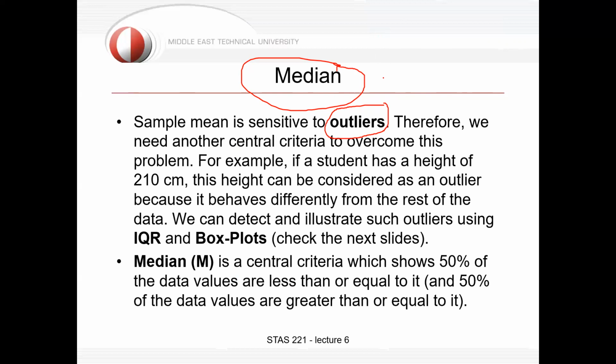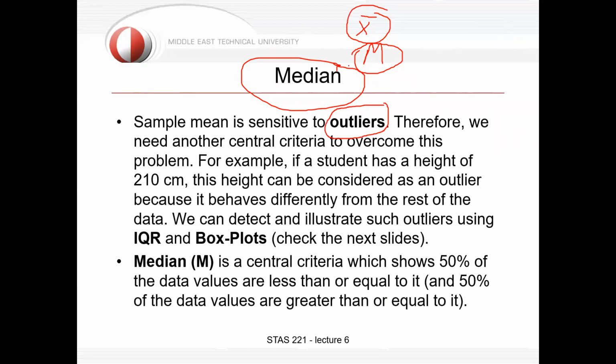For having the best information about your data in the level of summarizing your data, it's the best if you increase the number of central criteria, and when you have all the information about it, then you can have better understanding about your data. Like you have X bar and you have your median. Usually we show it with capital M. Then if you have information of both of them, you will have better understanding of your data. But what is a median?